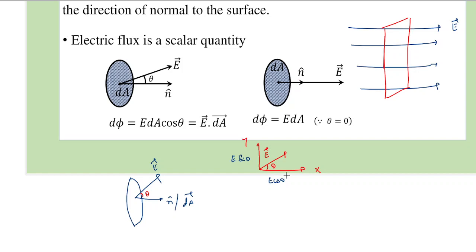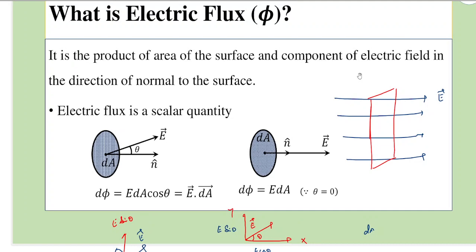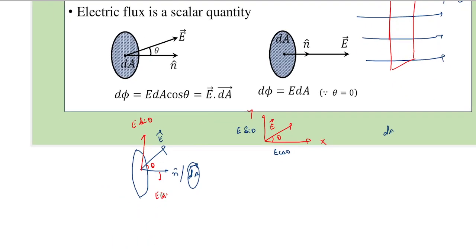Now E cos theta is along the x direction. If you transpose this diagram here, it would mean that the component of E along n cap would be E cos theta. The component in the plane of the area would be E sin theta. But by definition, we want the area vector, this dA, times the component of the field which is normal to the surface, which means it is E cos theta.